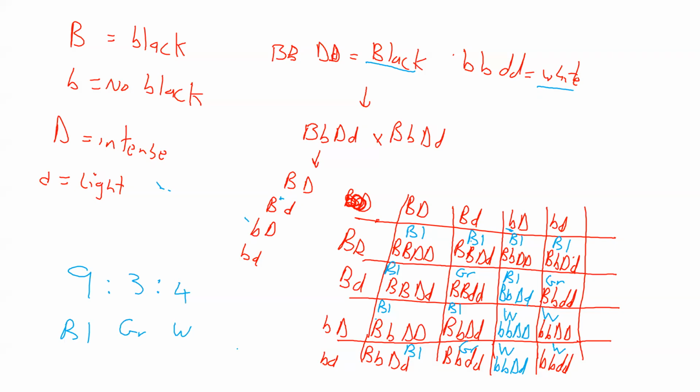Right? So this ratio looks like no other dihybrid ratio you've ever seen. Because this is 9 to 3 to 4. Okay? And remember, it is a dihybrid cross, but functionally, we're looking at one pair of genes on or off, right?